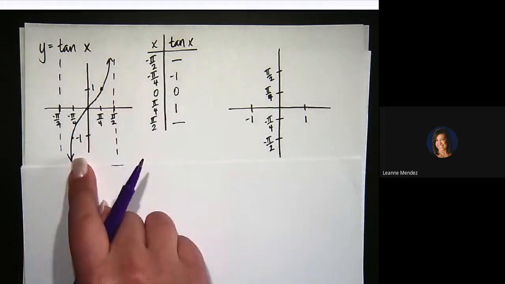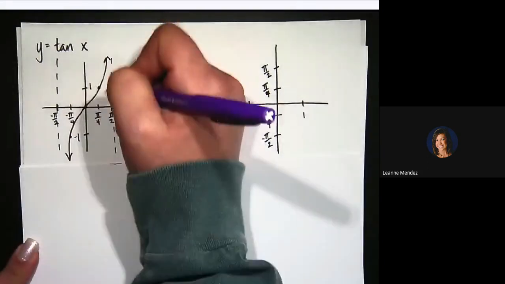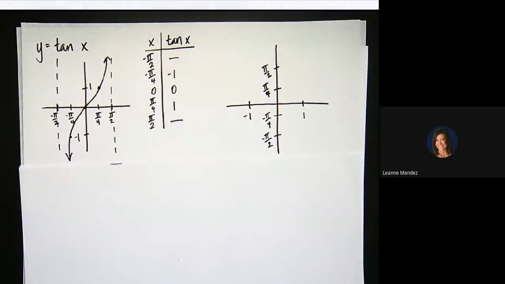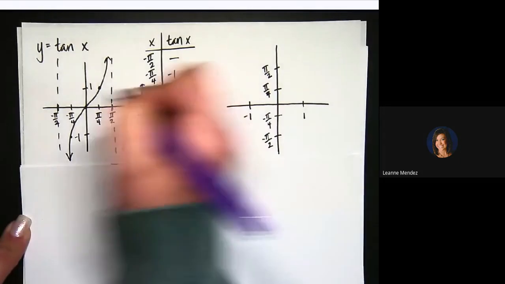Taking a look at this, this is just one period of the graph. Is this one-to-one as it is already? Yes, it is. It passes the vertical line test, and it happens to pass the horizontal line test. Now, that's only because I've graphed one period. Remember, there are other repeats of this on both sides.